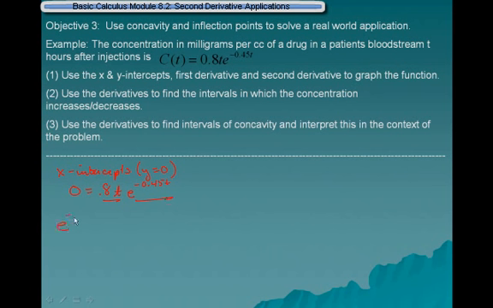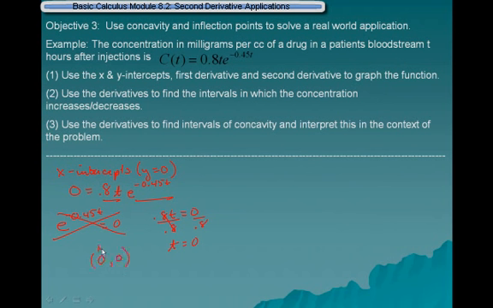So we've got e to the negative 0.45t equal to 0, and we have 0.8t equal to 0. Now, there is no way that e to the negative 0.45t can be equal to 0. However, in the other one, we can divide by 0.8 on both sides, and that would give us t is equal to 0.